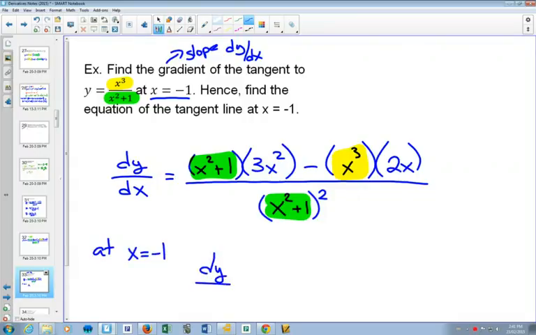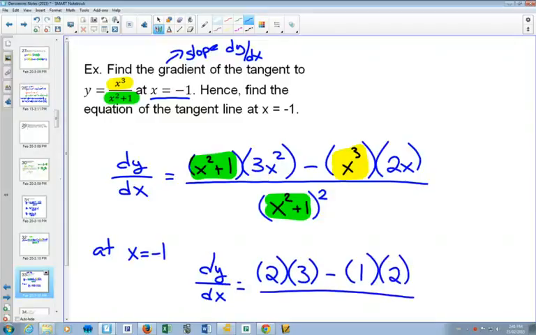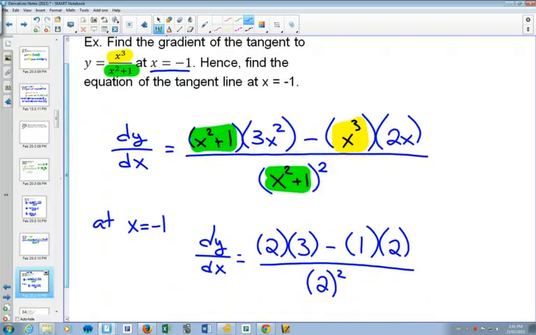Well, dy dx is going to be 2 times 3 minus 1 times 2 all over 2 squared. And when we plug that in, I'm going to get 6 minus 2 is 4 over 4. The slope just becomes 1.